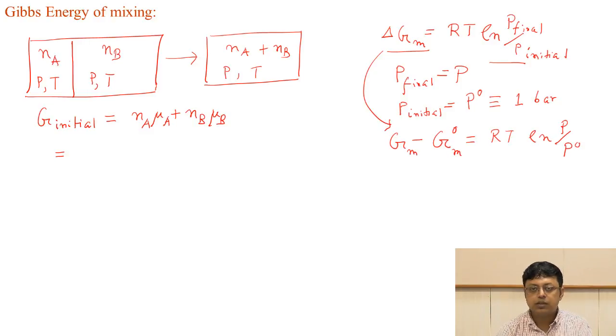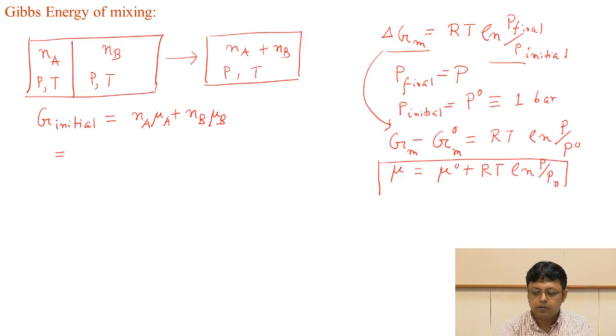So in this case the initial condition was the standard condition of 1 bar, or instead of G we could write it in terms of mu, because the molar Gibbs free energy is nothing but the chemical potential. So you can write that mu is mu0 plus RT ln P by P0. That equation we are now going to use.